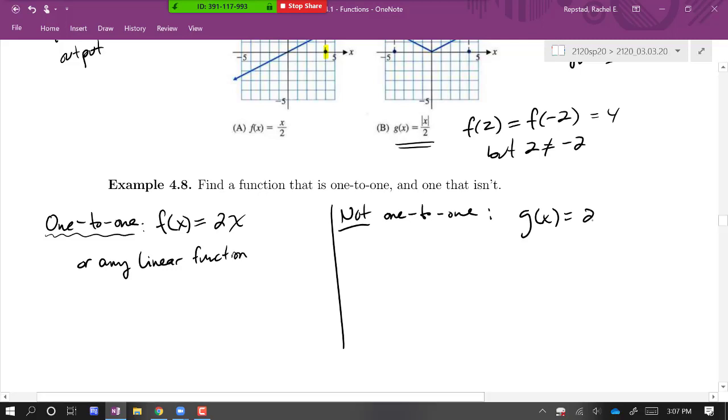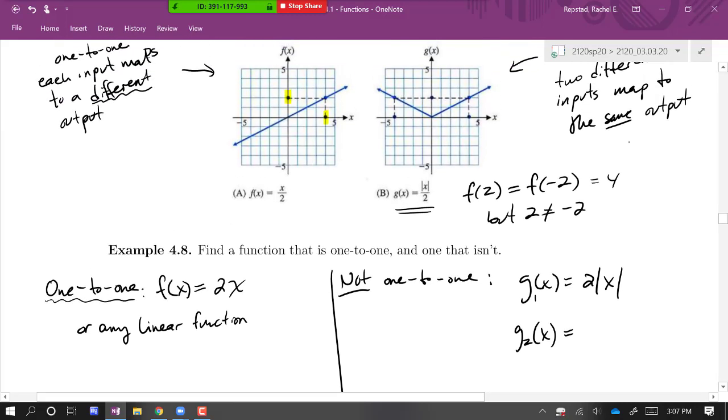Sure, one on either side. Let's do another one. It's good to get ourselves thinking about this. We have a couple of examples that use absolute values, and we can see visually something that would fail the horizontal line test if we graphed it.